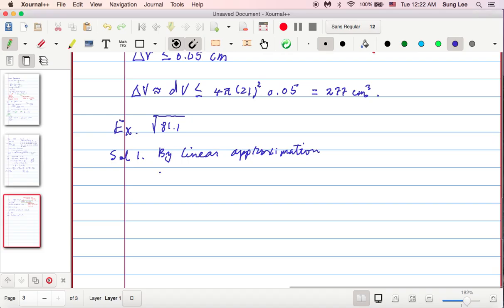We used that before, right? It's the square root of x, obviously. And what is going to be a?